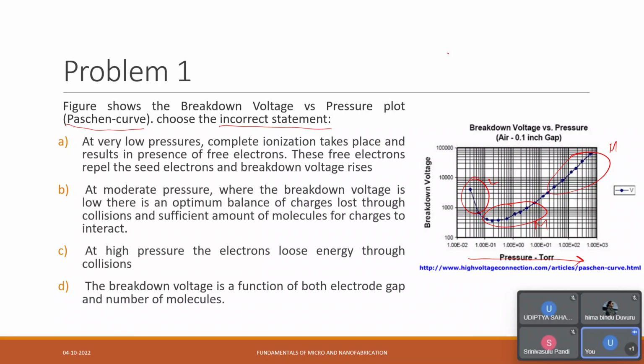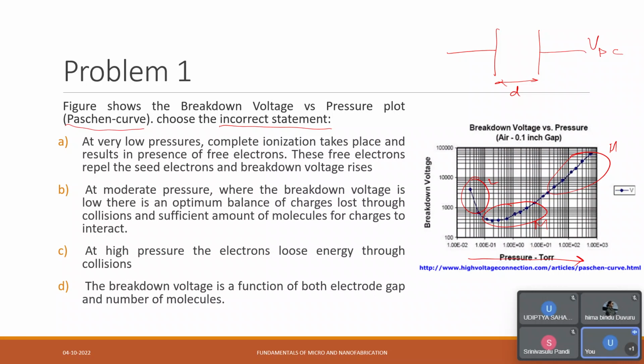Essentially we have two electrodes with a distance, here given as a 0.1 inch gap, and a potential such that the air or any dielectric can be broken down so that current can flow through it. We have to ionize it.